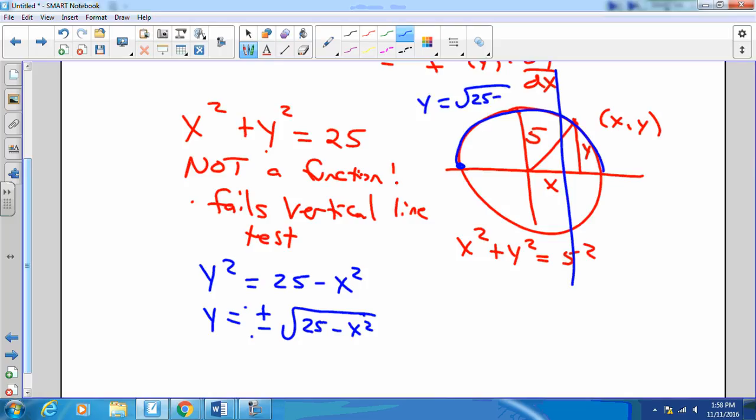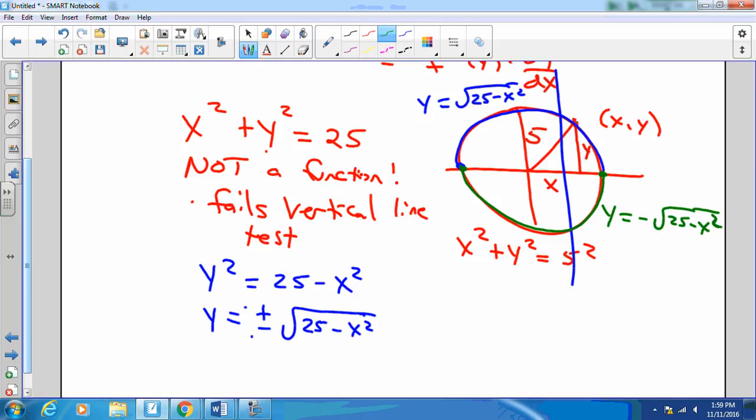y equals the square root of 25 minus x squared corresponds to the top half of my circle, where I have non-negative y values. And the bottom half corresponds to y equals negative square root of 25 minus x squared. So this is not a function, and yet, can I draw lines tangent to my circle?